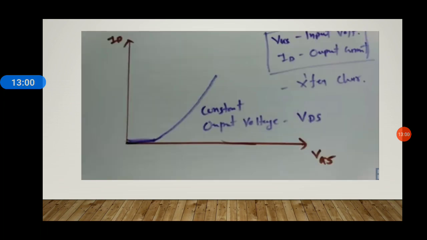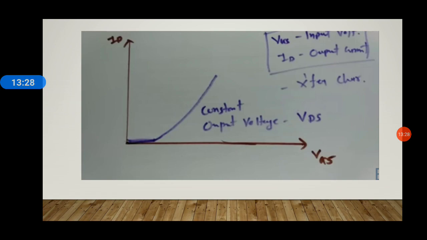Now moving forward to the IV characteristics, this is the transfer characteristics of a power MOSFET, wherein we are plotting the input voltage VGS against the output current ID, keeping the output voltage VDS constant. So what we see, whenever we go on increasing VGS, at the first stage, the inversion layer starts forming.